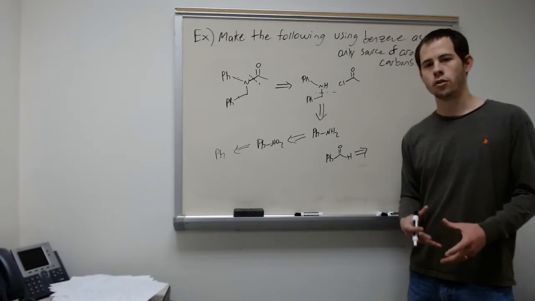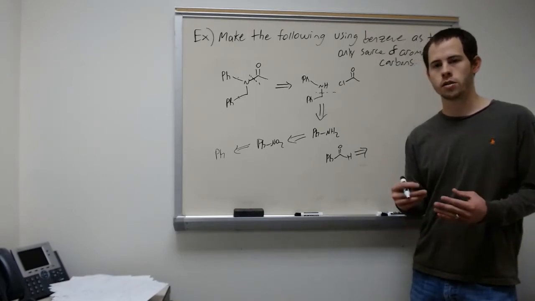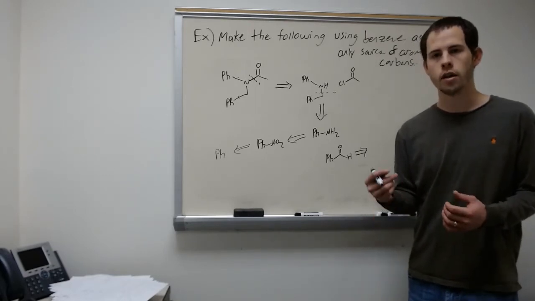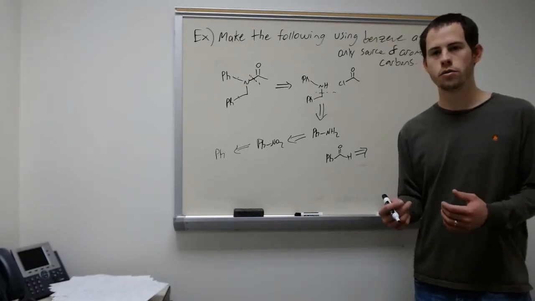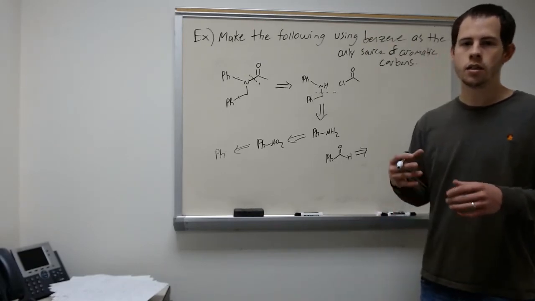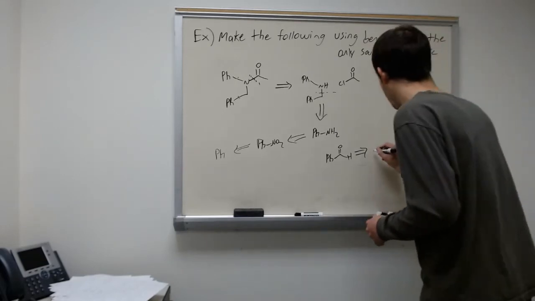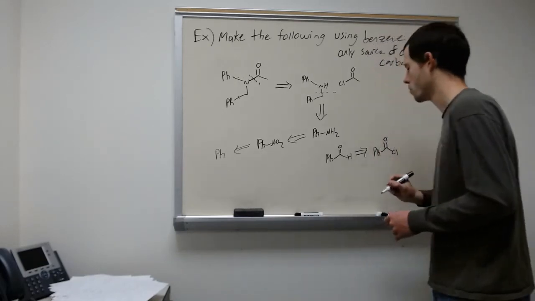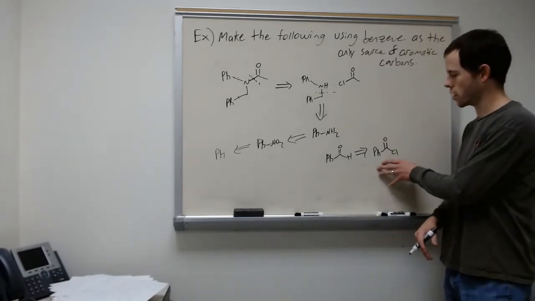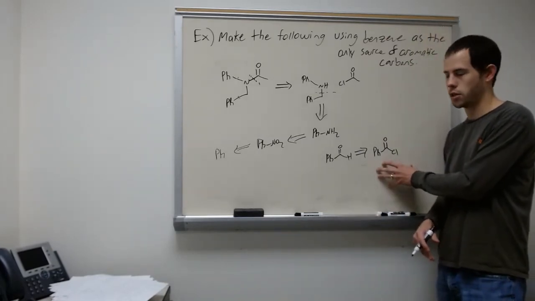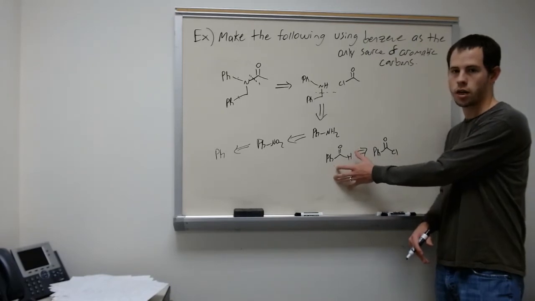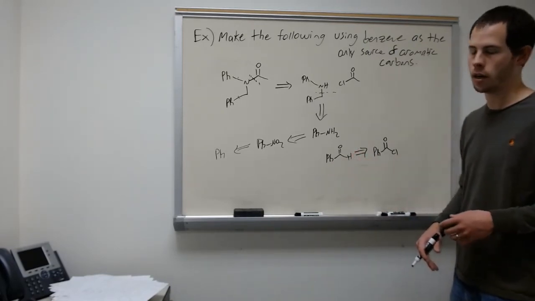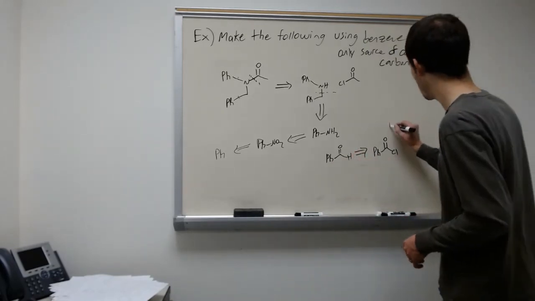We learned that earlier in the semester, where we convert the carboxylic acid to the acid chloride, and then acid chlorides can be reduced with LTBE to get to the aldehyde. So we want to take the acid chloride, treat it with LTBE, which is going to get us reduction to the aldehyde here. Where does the acid chloride come from?